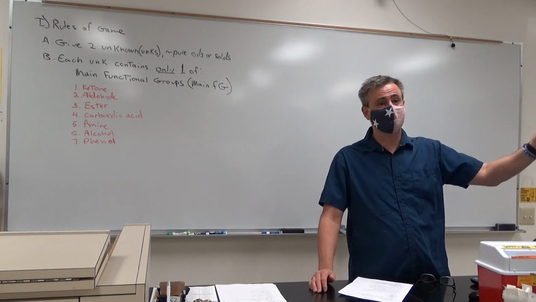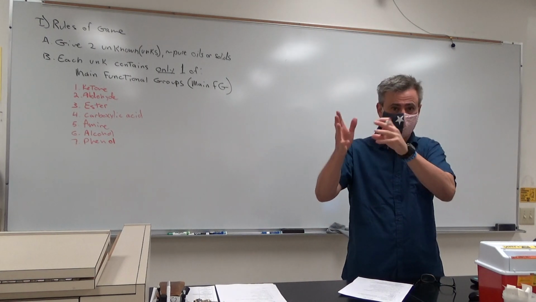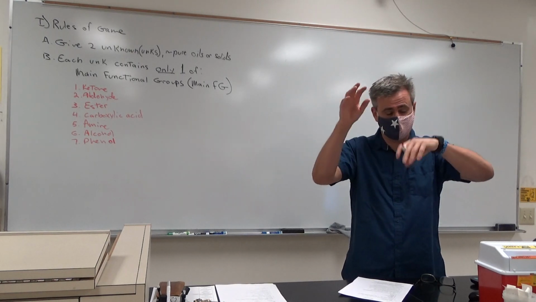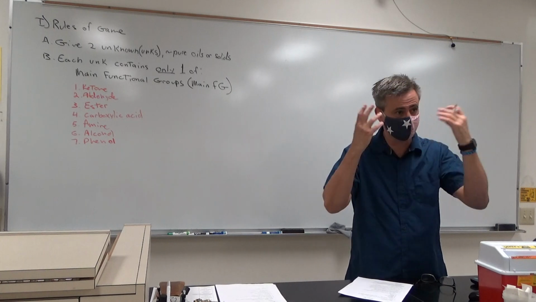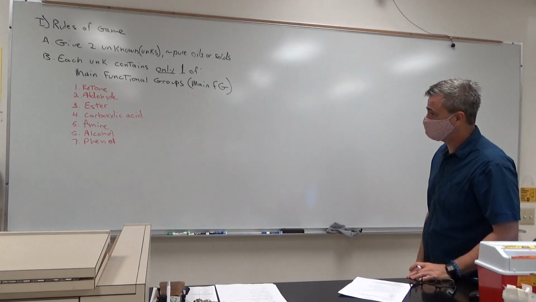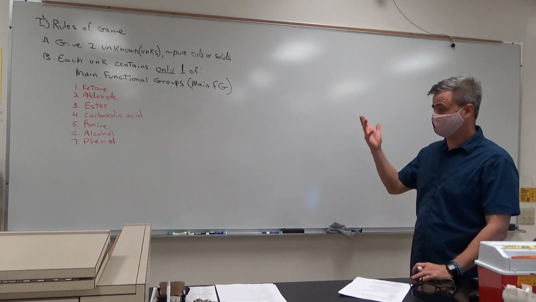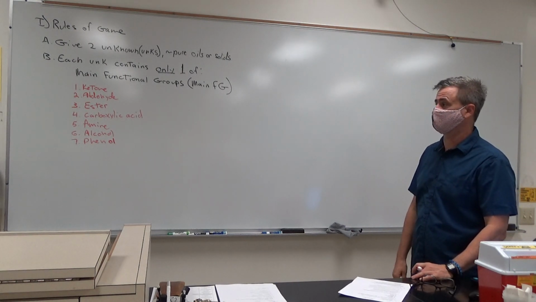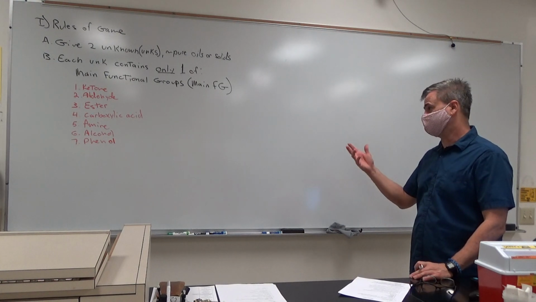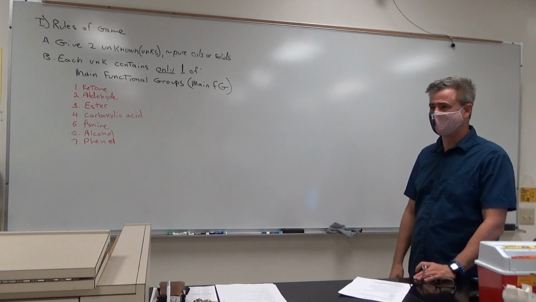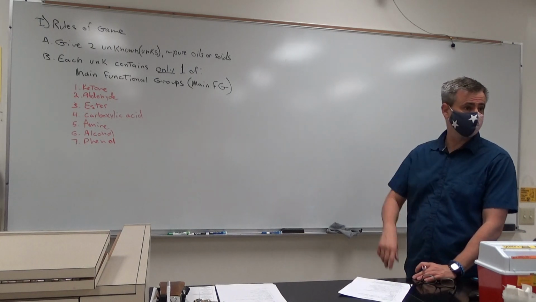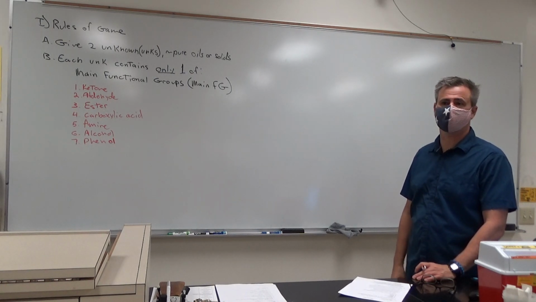Now, if you have the right functional group, your assignments in NMR and stuff like that have a better chance of being close. But you don't have to get this thing dead on to get a good grade on this. This will shock people, but almost all students get at least one of them perfect, and many students get both of them perfect.